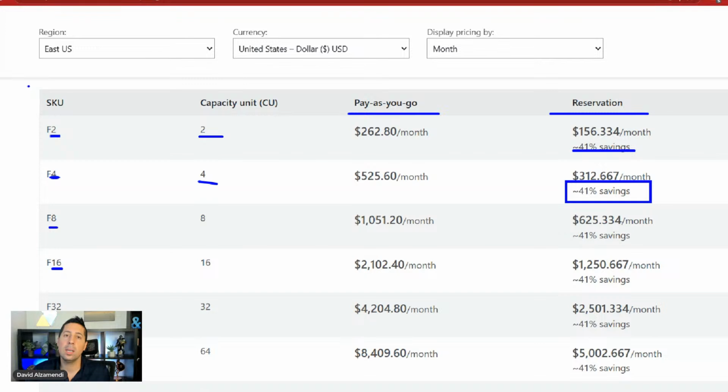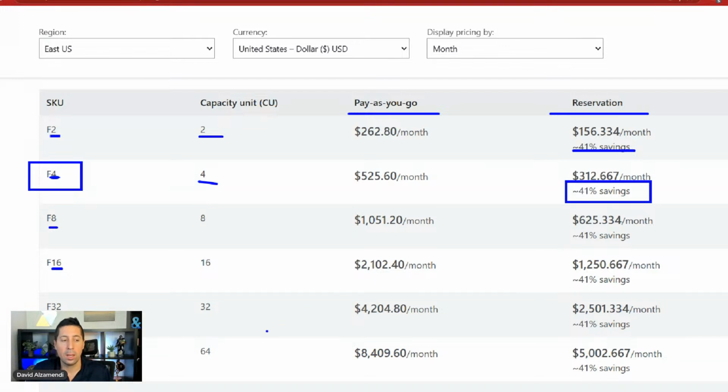So what happens if you are in an F4? In a capacity F4, any report producer, any person creating reports, needs a Power BI Pro license or Premium per User, and any consumer, any person viewing the report, also needs a Power BI Pro license. And that's the difference.